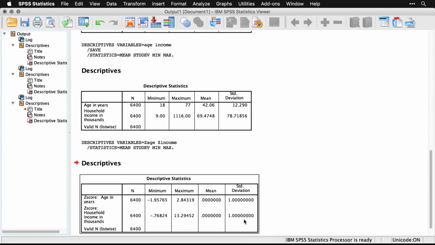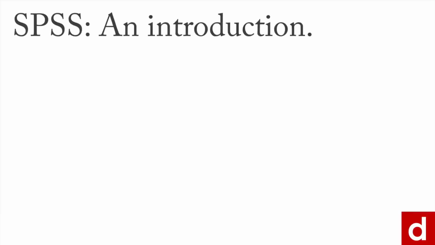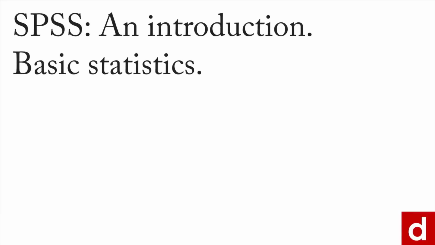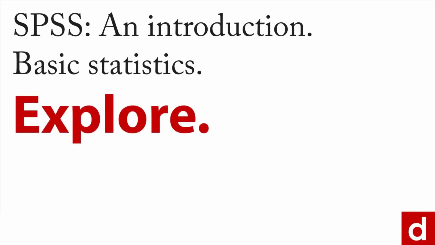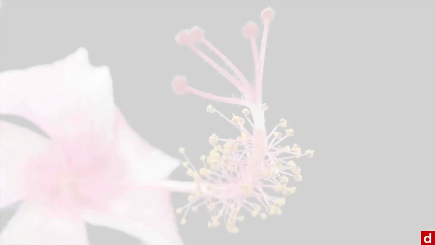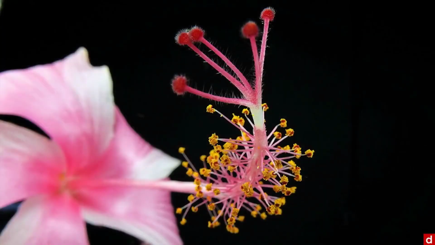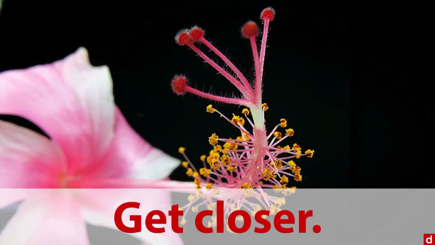For a final look in SPSS at basic statistics, we'll look at the explore command. I like to think of this as a way to get a lot closer, get a little macro view on your subject, get closer and see what's there in detail. Now, the explore command is going to give you a bunch of statistics.